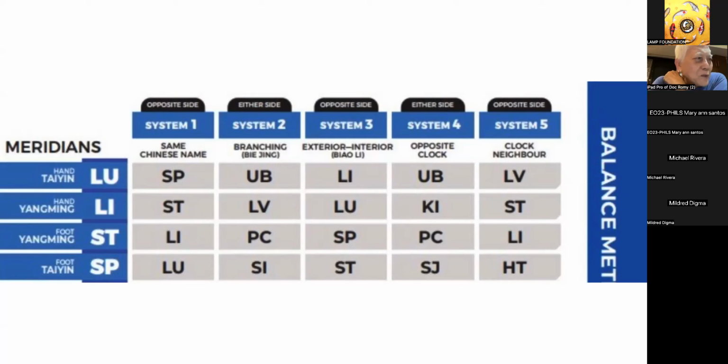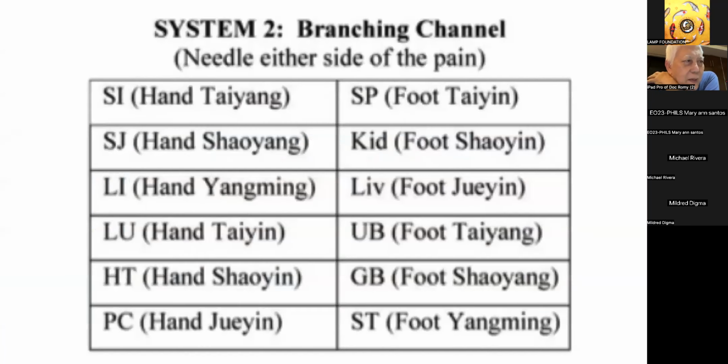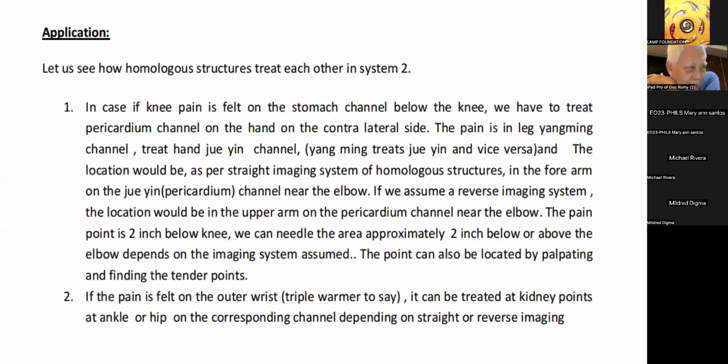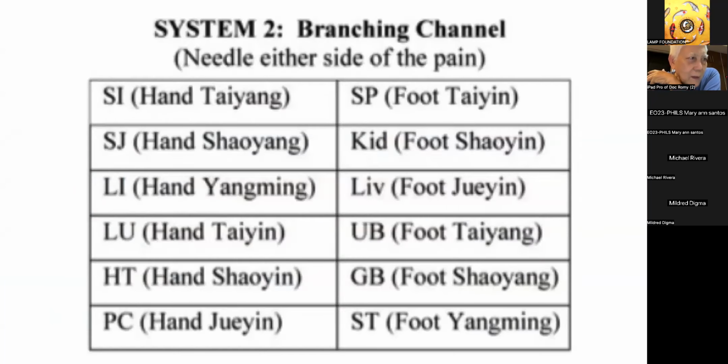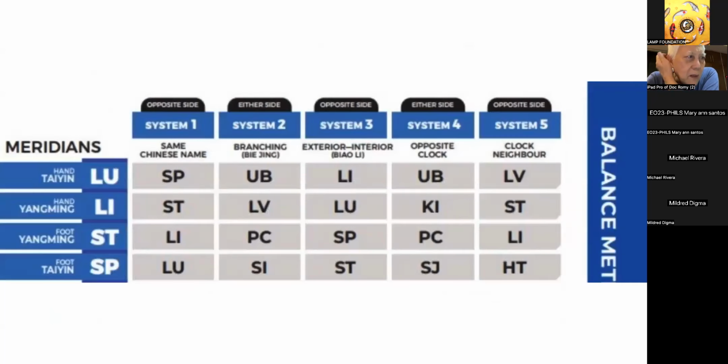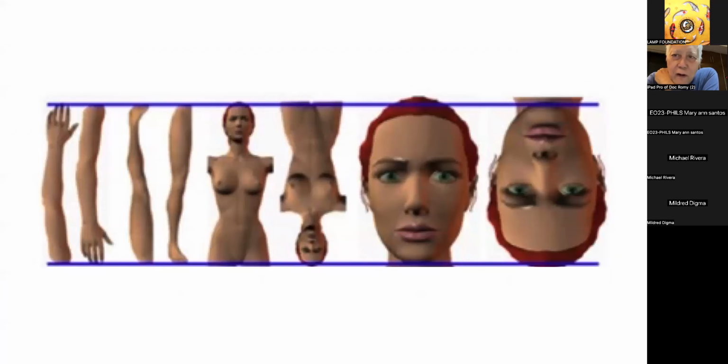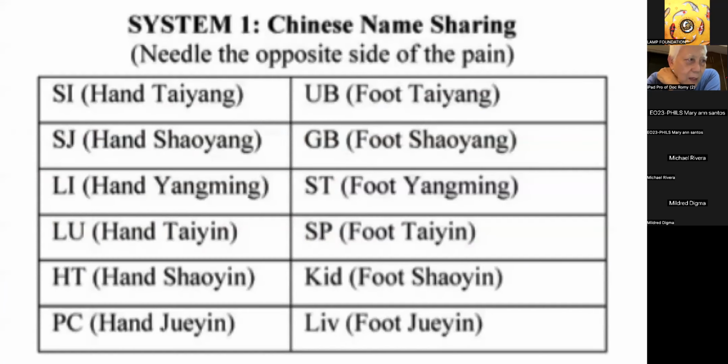Okay, we go back to system 1. Same question yesterday, pain on the liver meridian on the right side. The sick meridian is the liver on the right. And if we choose the balancing meridian using system 1, ano po?